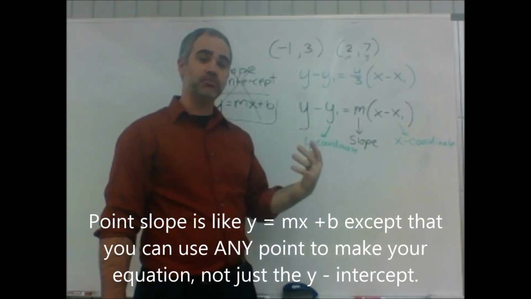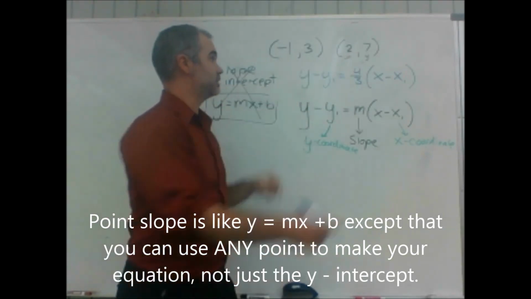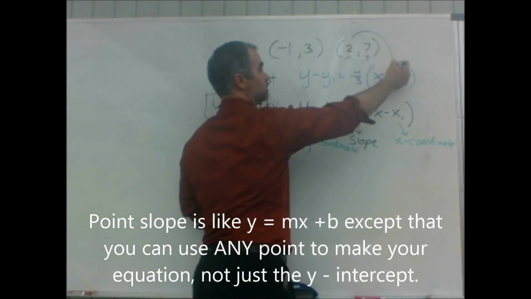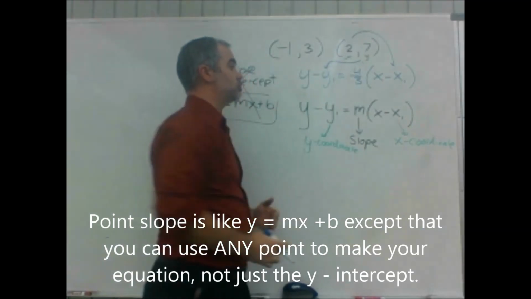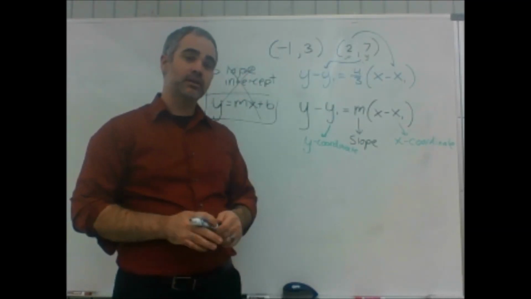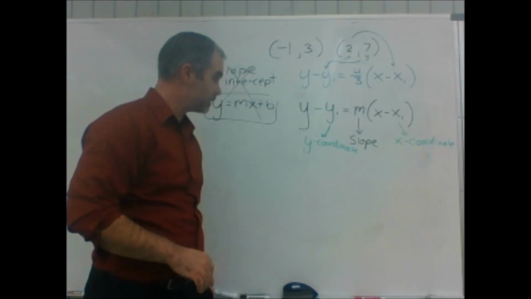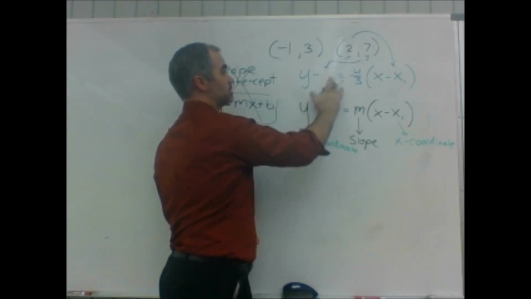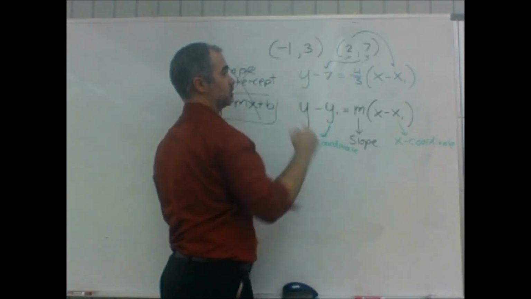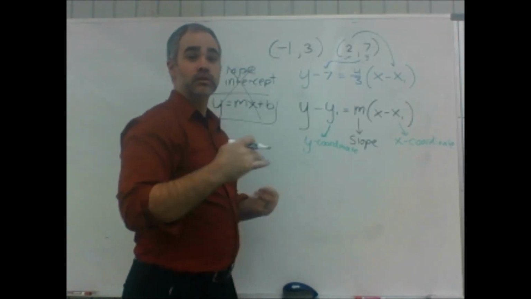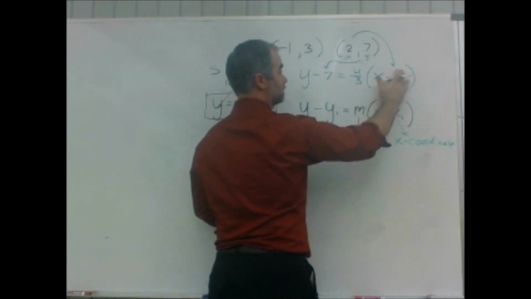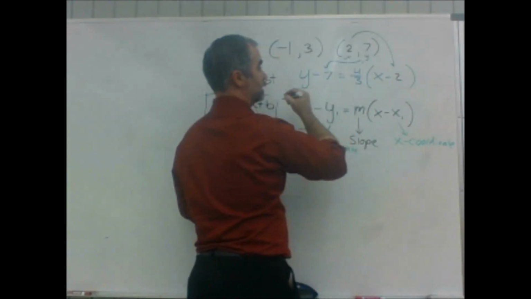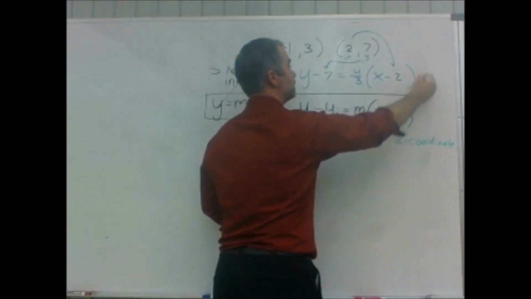All you need to do to finish point-slope form is to plug in your x coordinate and your y coordinate. You don't have to work backward and find the b term. So what I would do here is I would say, well, y is equal to 7, so it goes in like this. x is equal to 2, so I'm going to plug it in like this. And that's it. You don't have to solve anything.